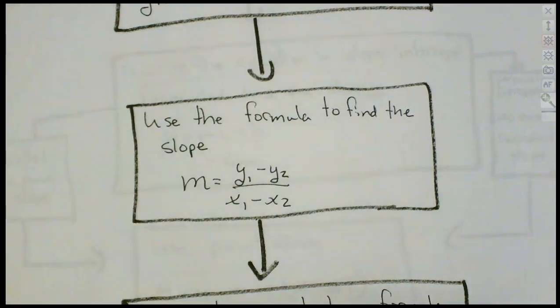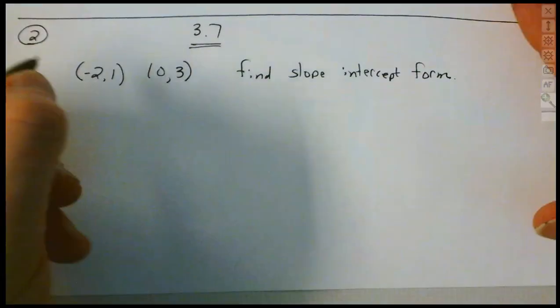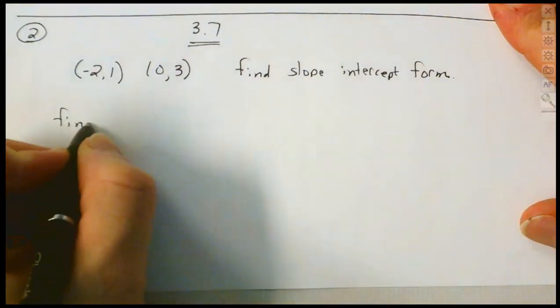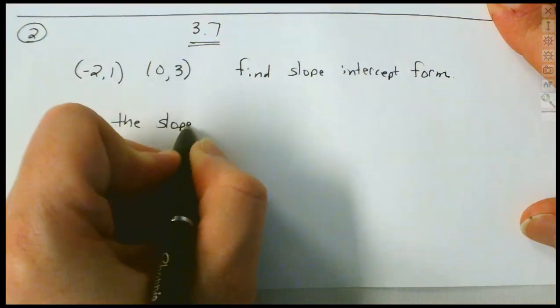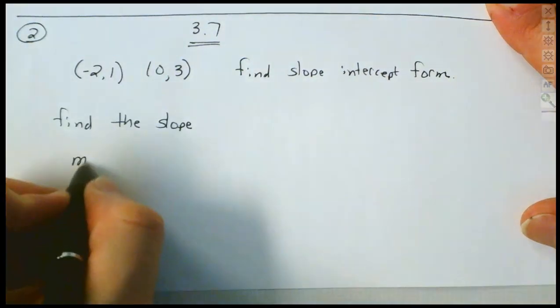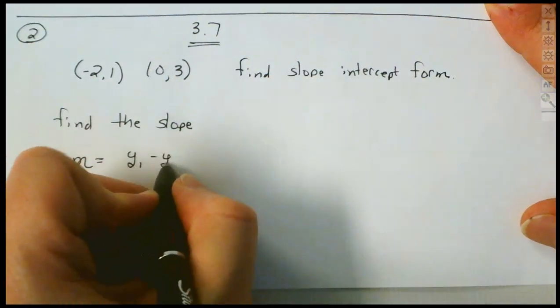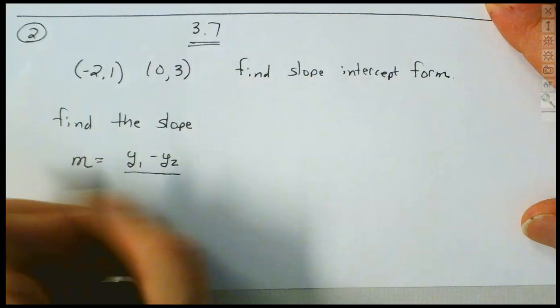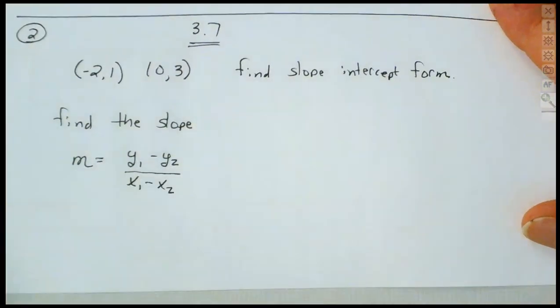We need to first find our slope. So let's take our 2 points and let's find our slope. Our slope formula is m equals y1 minus y2 over x1 minus x2. Remember that formula.